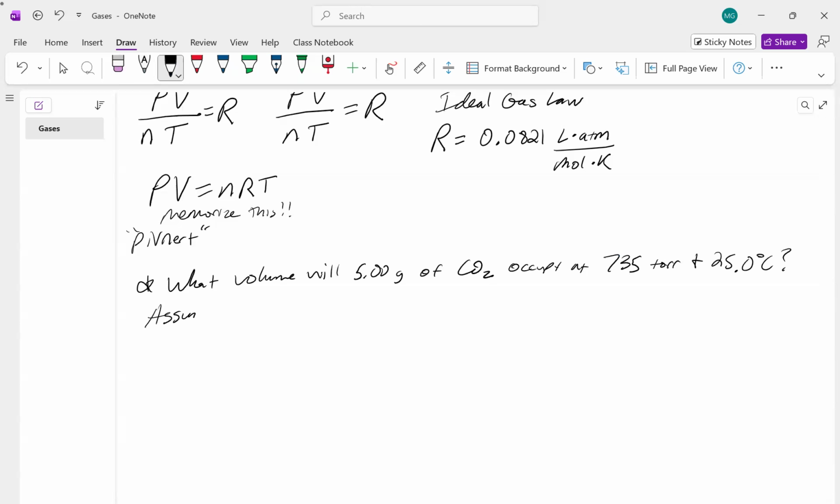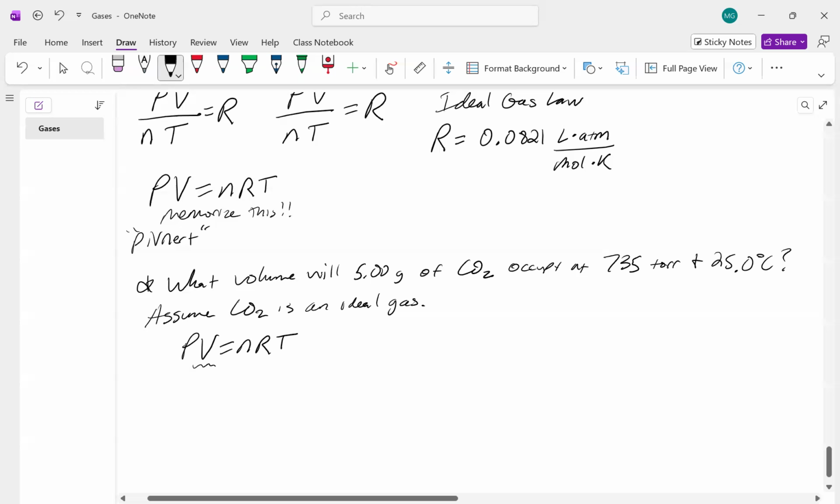And we're going to assume carbon dioxide is an ideal gas. And because of that, I'm going to use the ideal gas law. And the problem is asking me to solve for volume. So let's manipulate this equation to solve for V.